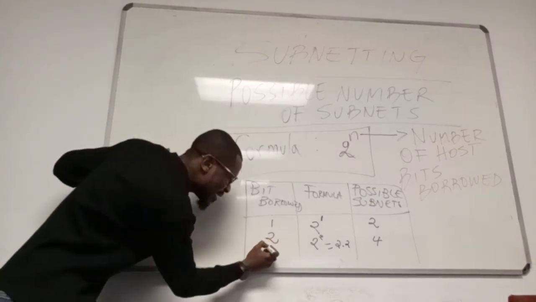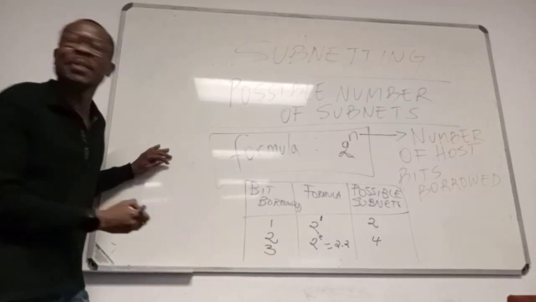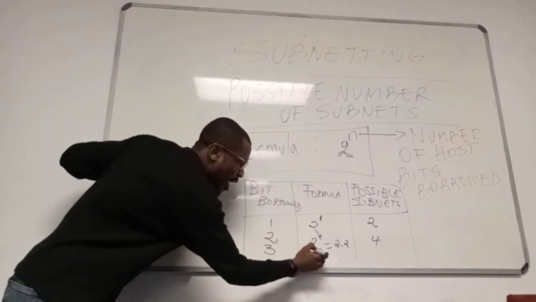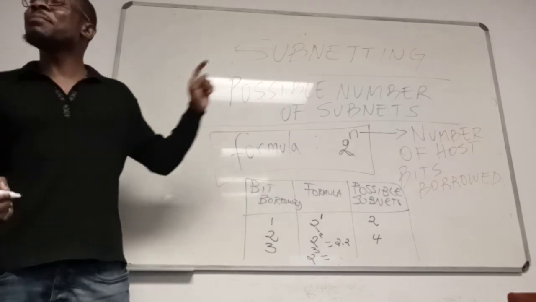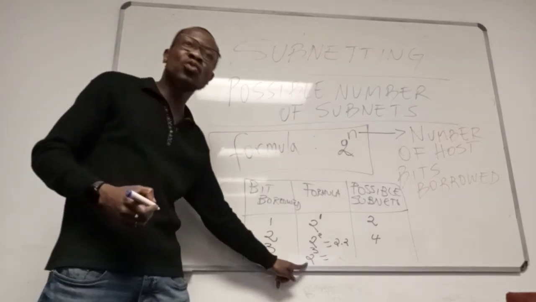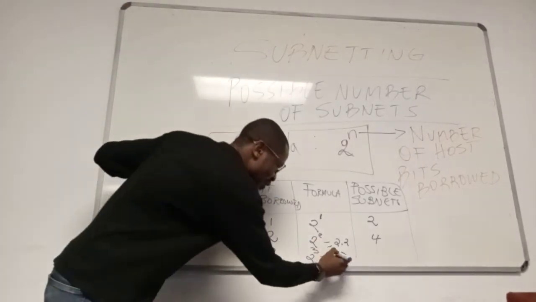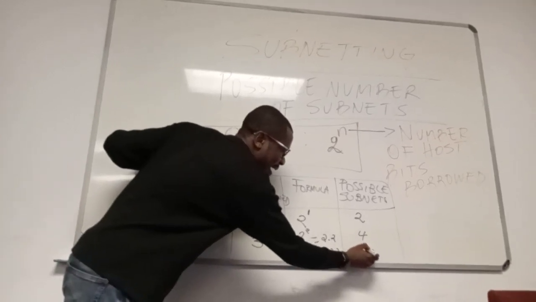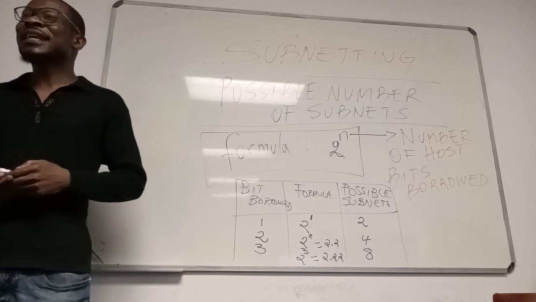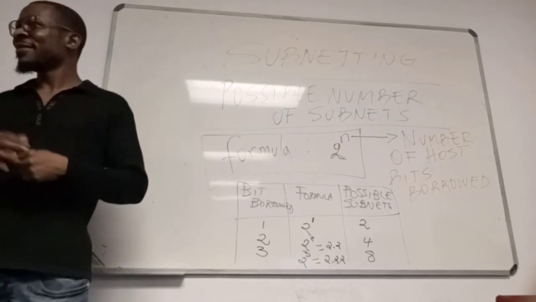When you are borrowing 3 bits, it means 2 to the power of 3, which means multiplying 2 three times, 2 times 2 times 2. That's going to be 8 subnets.